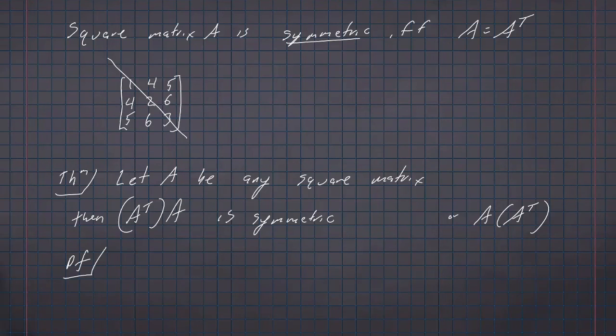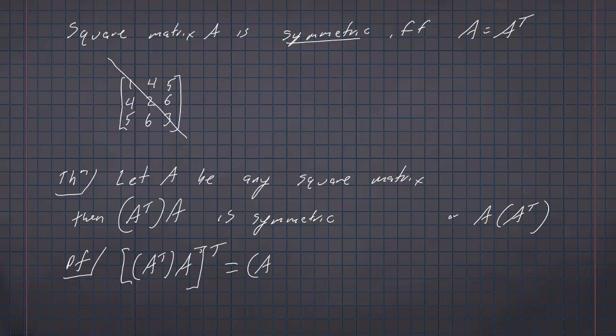The proof of this theorem is very straightforward. What does it mean for a matrix to be symmetric? If you take the transpose, you get back the thing you started. So if I want to take the thing I started with, A transpose times A, and take its transpose, well, we saw that the transpose of a product is the product of the transposes, but written in the other order.